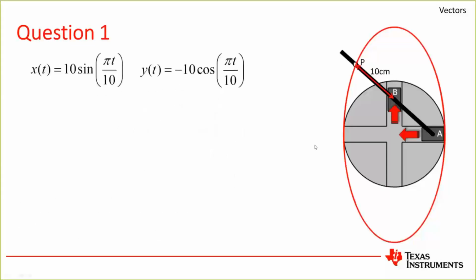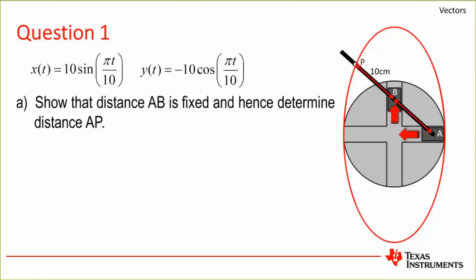What's our first question? It says, show that the distance AB is fixed and hence determine the distance AP. Well, the fact that our question says that we need to show it, that means you'll need to do some by-hand calculations. We can see that there's a triangle and that it's a right-angled triangle, and the x-axis length is given by 10 sine pi t on 10, and the y one is given as negative 10 cos pi t on 10.